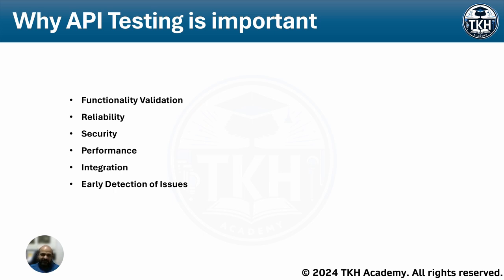APIs are normally a bridge between different systems, and this integration testing helps us check the dependency management between multiple systems. And since with APIs we don't need to wait for the UI to be developed to test them, you can detect defects early, and that will essentially save cost.